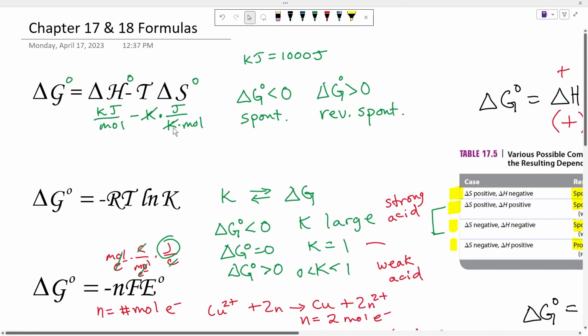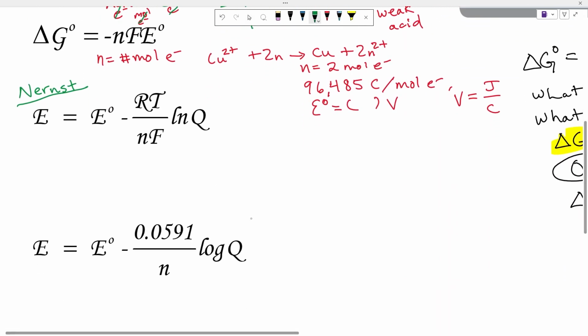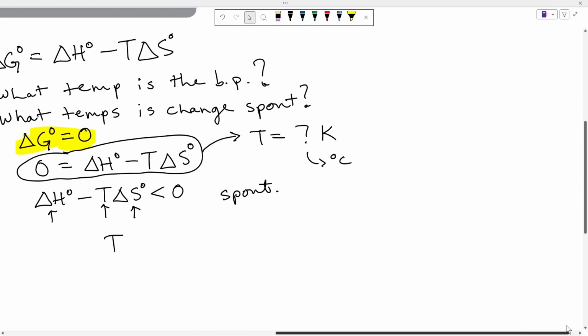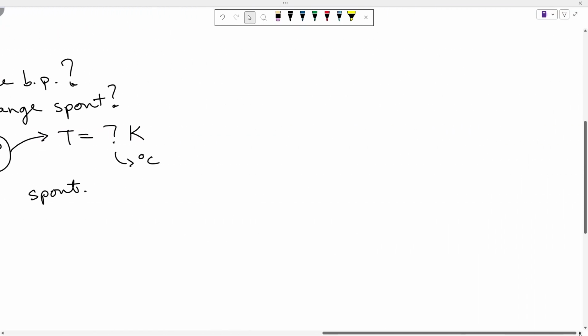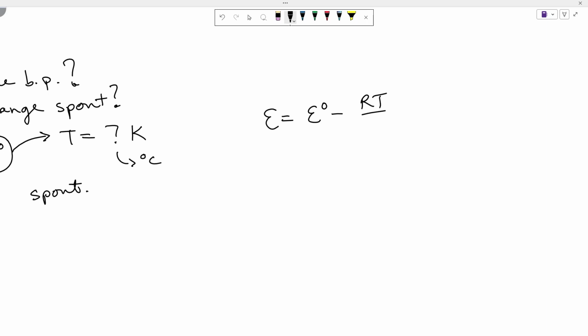By the way, same R as right here for delta G equals minus RT natural log K. Temperature in kelvins, and again moles of electrons, Faraday constant, that sort of thing. So again, that is E equals standard E minus RT over NF natural log Q.